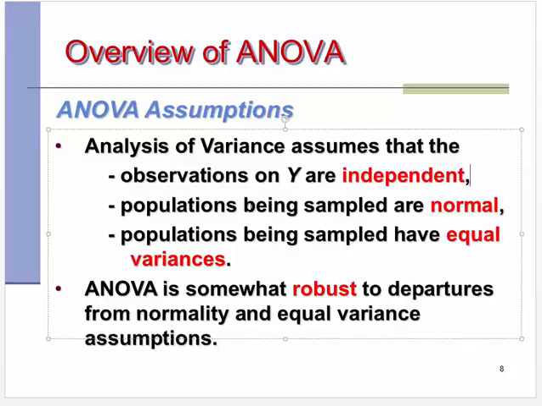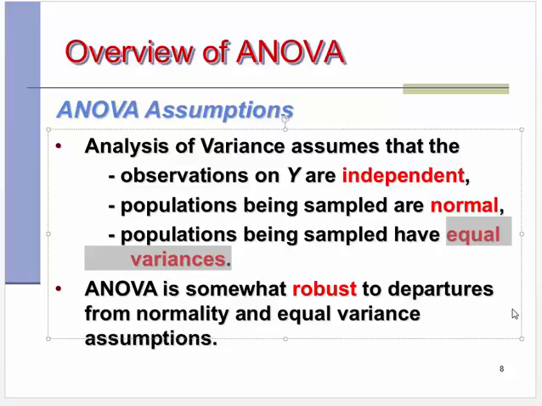And populations being sampled are normal. That's the second assumption. Right? Populations being sampled have equal variances. The variances must be the same for the populations from which the samples are drawn. Okay?